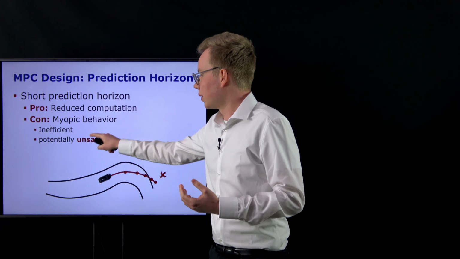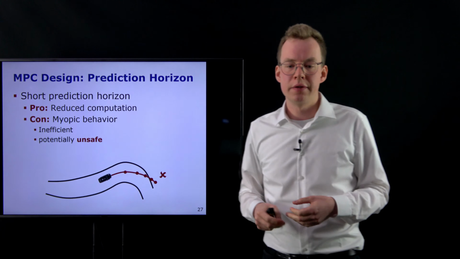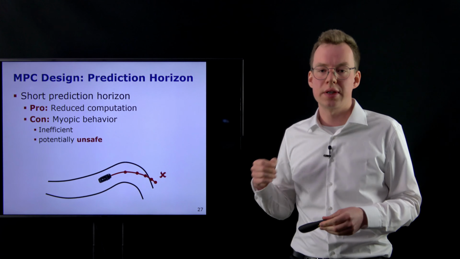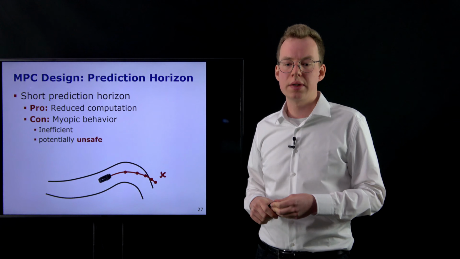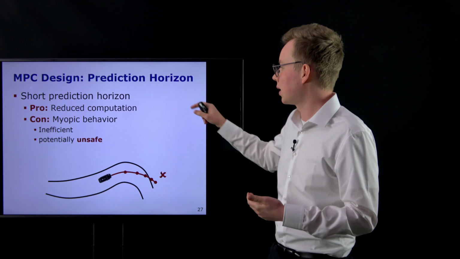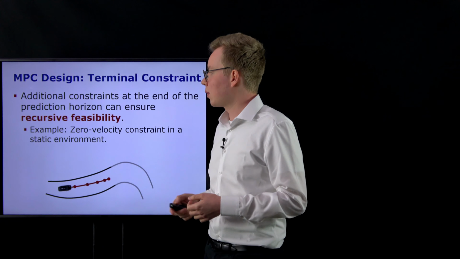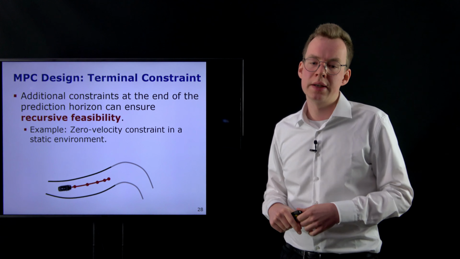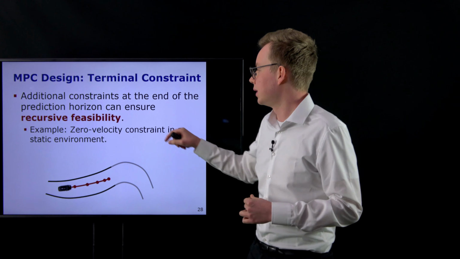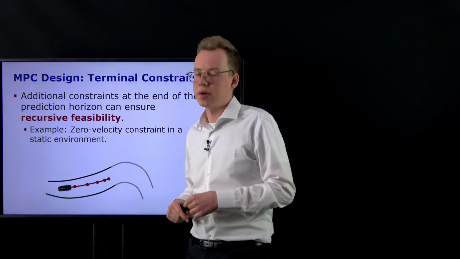One way in order to avoid this sort of unsafe and inefficient behavior is by making this trajectory longer, so taking more time steps into account, so using a longer prediction horizon. But another way that you can achieve that is by including terminal constraints. And these constraints are additional constraints that ensure recursive feasibility.